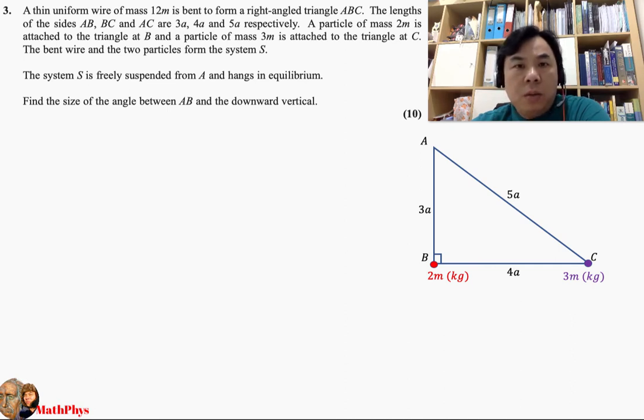BC still has a length of 4a, AB is still 3a, and AC is 5a, but the configuration is a little bit different in this case.